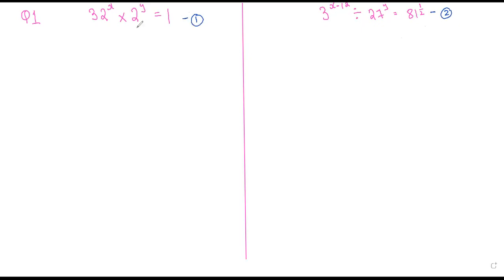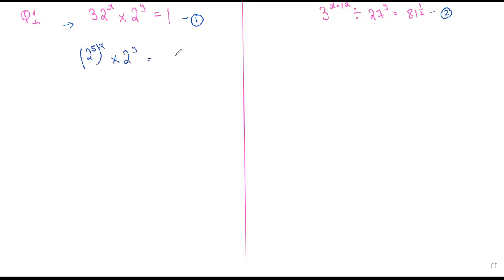Now I'm on the first equation. I want to have an equation such that the base is same. So can I write 32 in terms of 2? Yes, 2 to the power 5 is 32. So 2 to the power 5x multiplied by 2 power y.